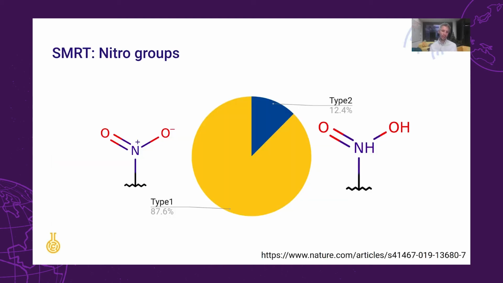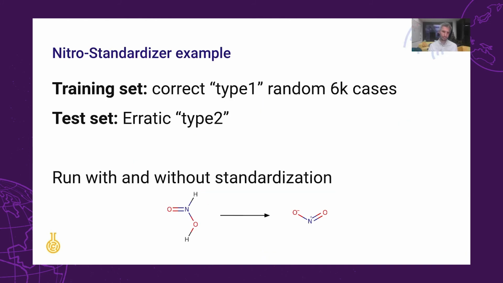And when I investigated all the compounds having nitro groups, I recognized that the majority, 88%, had charge separation and correct representation, but 12% of the cases had missing charges, and therefore these were filled with hydrogen atoms, which is most probably an error in this dataset.